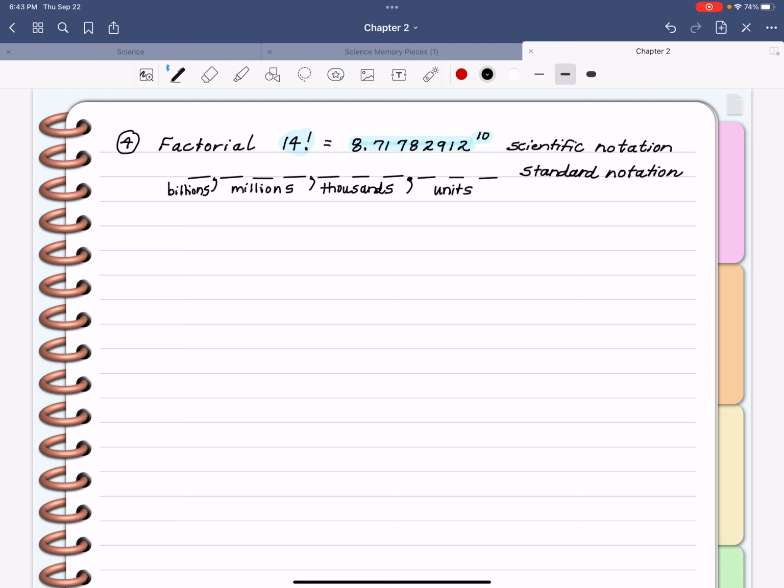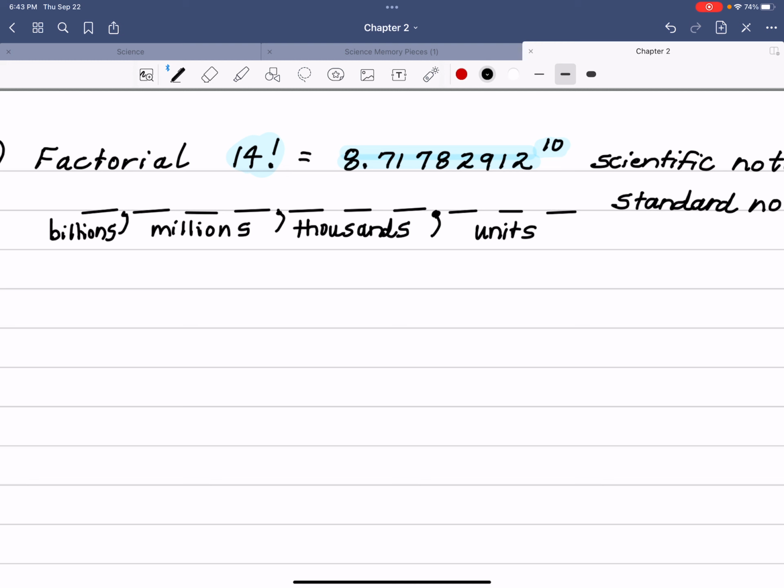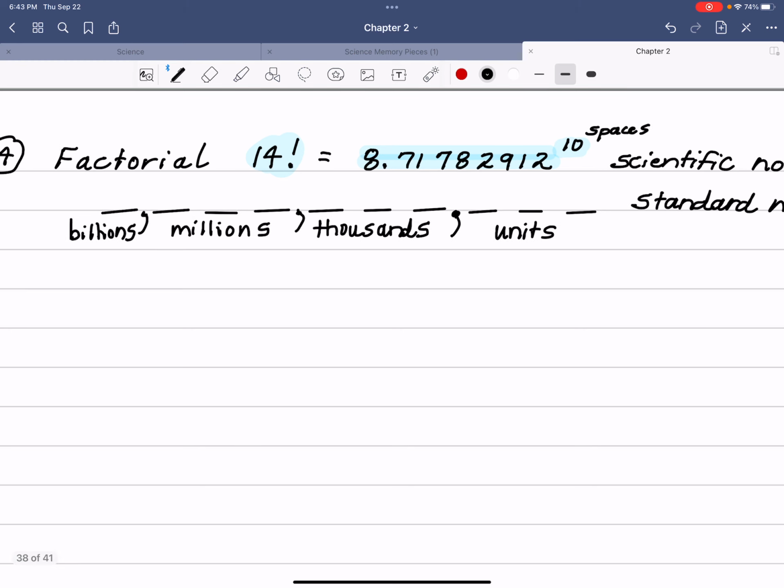All right, let's write this answer into these blanks. Now, we've already dealt with this. That just tells you the number of spaces in standard notation. So there are 10 spaces. We're going to start over here at the left and start dropping those numbers into the blanks in order.